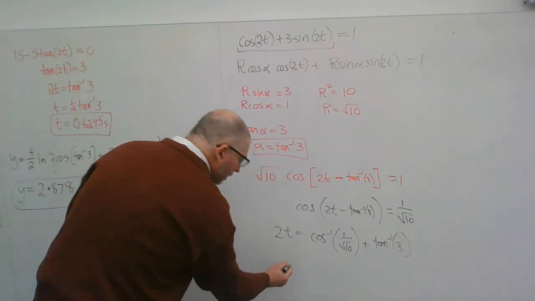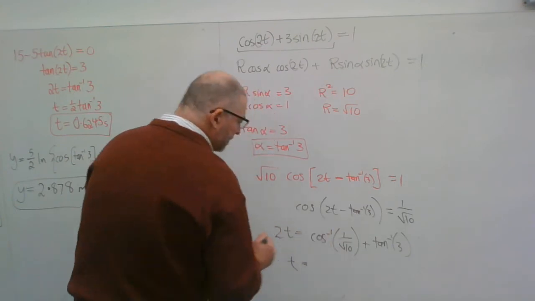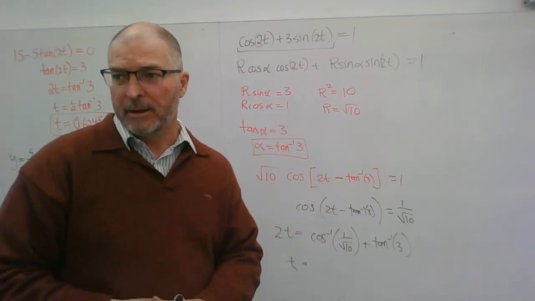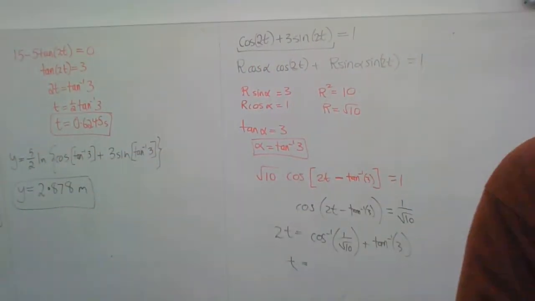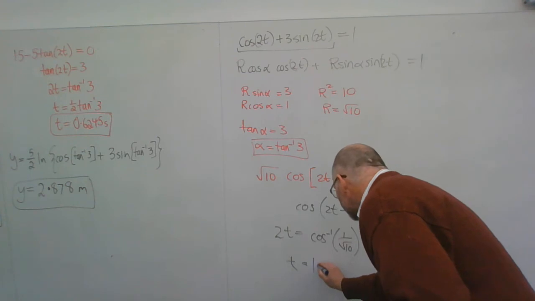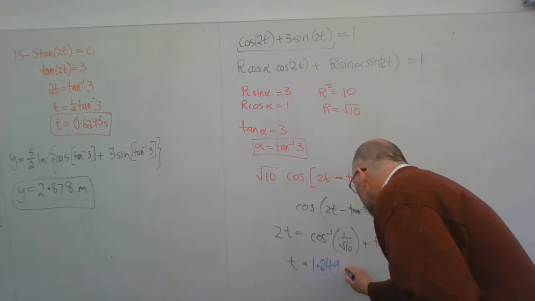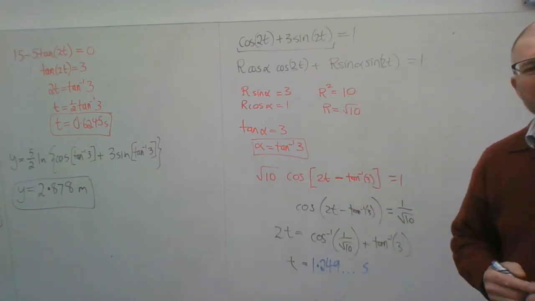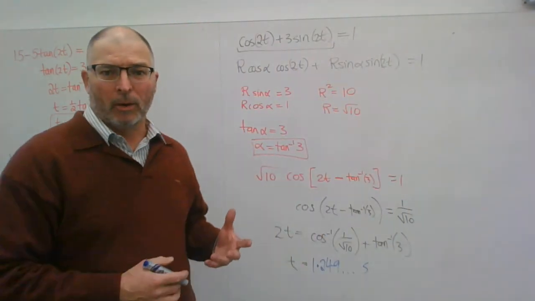And then t will be just that divided by 2. So let's see. I need the inverse cos of 1 on root 10 plus the inverse tan of 3, and then divided by 2, I get 1.249. So it's in flight for that long.